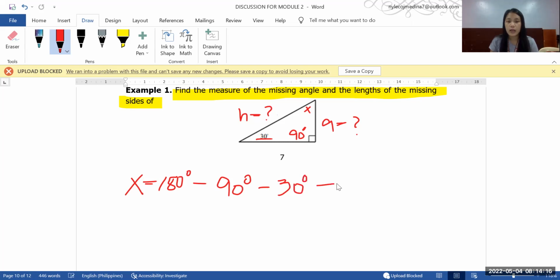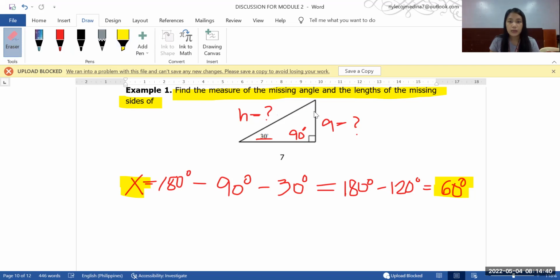Now, simplifying, 180 degrees minus 120 degrees, that's just equal to 60 degrees. Therefore, our X here is equal to 60 degrees.